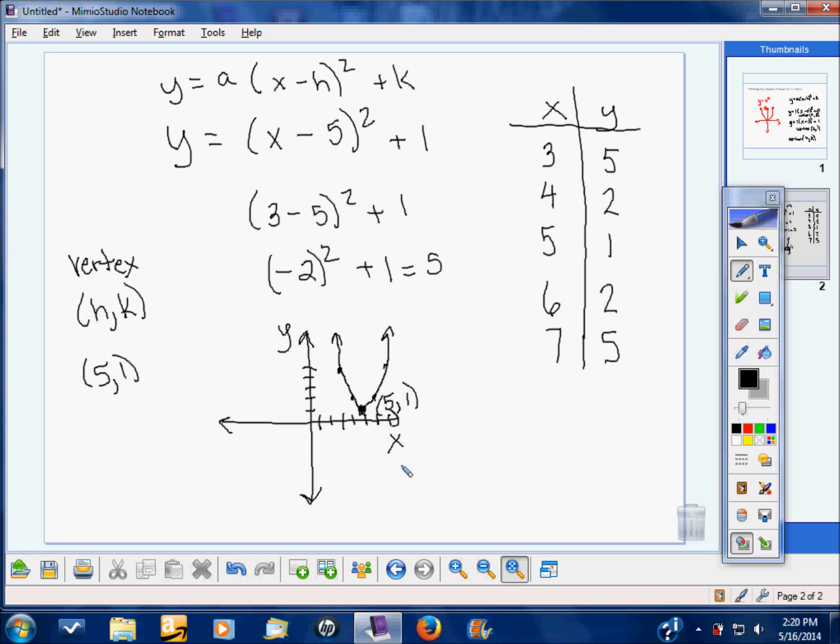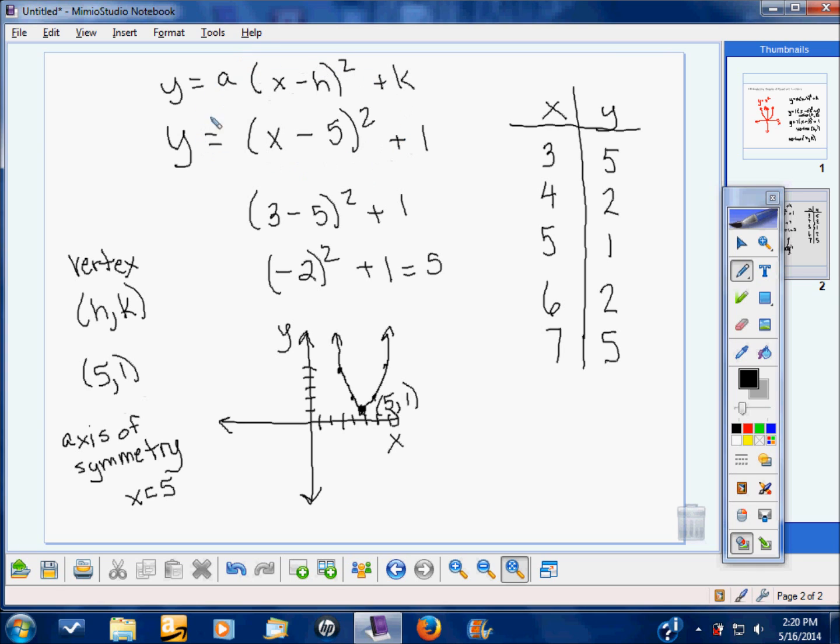Now, the other thing that's very easy to tell from here is the axis of symmetry. And axis of symmetry is always easy once you have the vertex. It's x equals 5, because it's always going to match that.